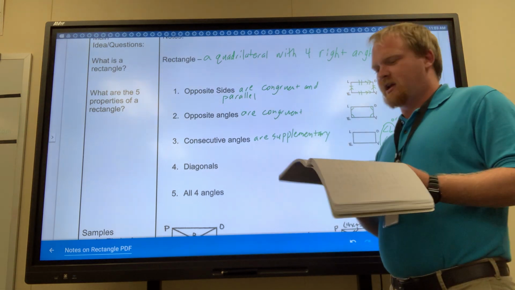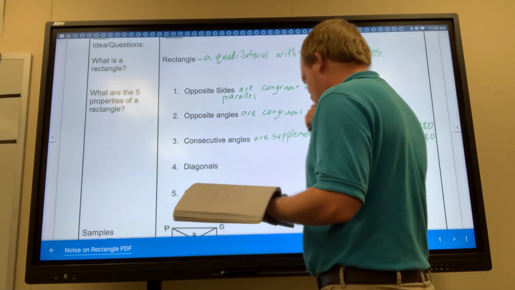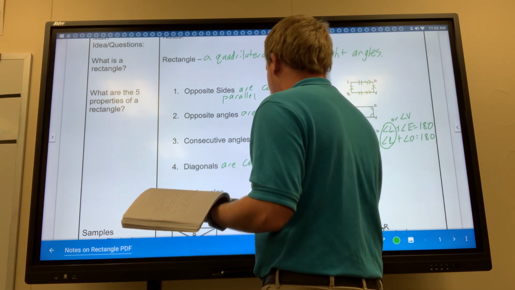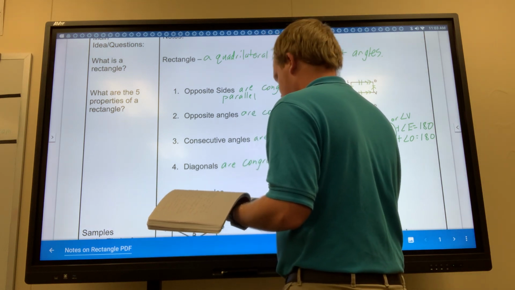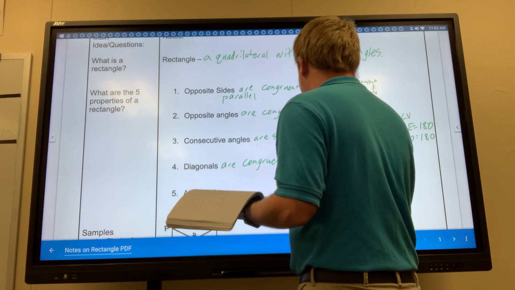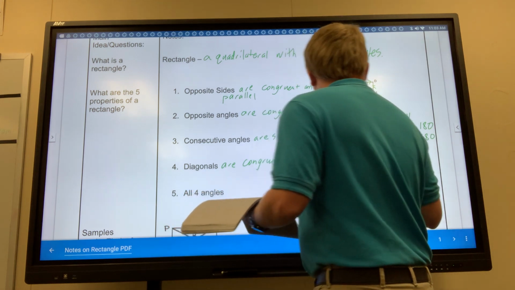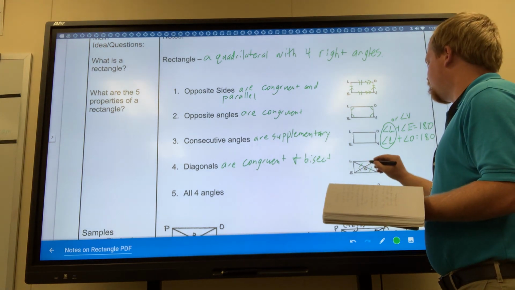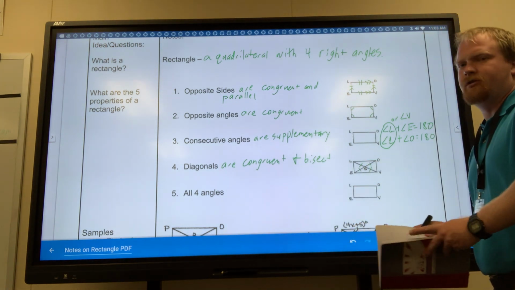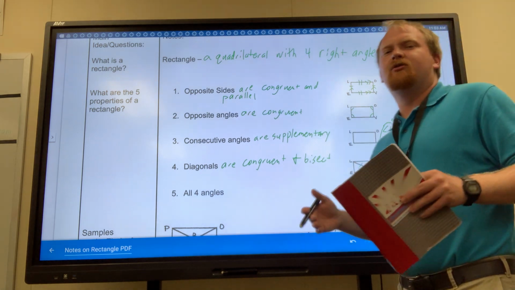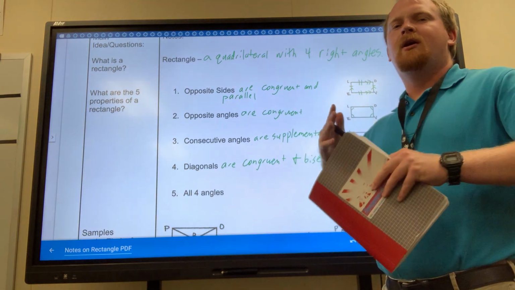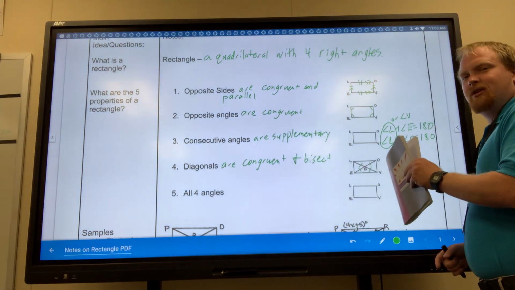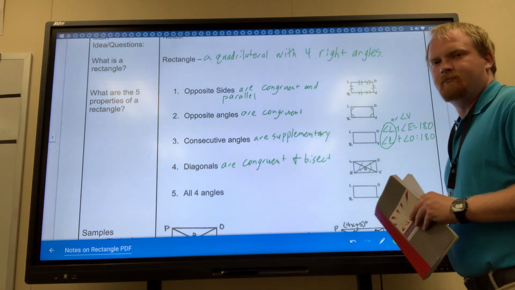But this is the one catch with diagonals. Diagonals are both congruent and bisect. So while they are bisecting each other, what makes them different is that they're congruent. In a parallelogram, the diagonals themselves may not necessarily be congruent to each other, but for a rectangle, they are.